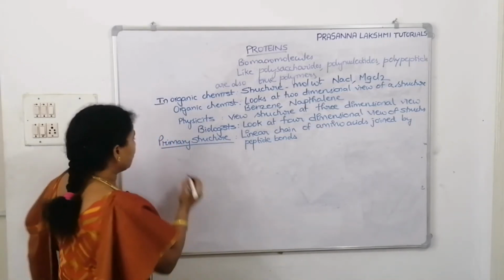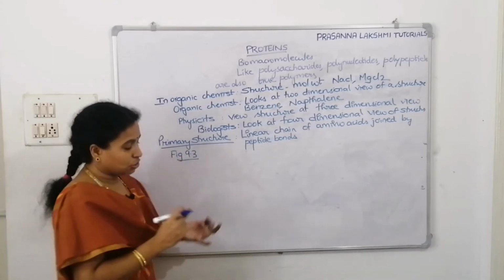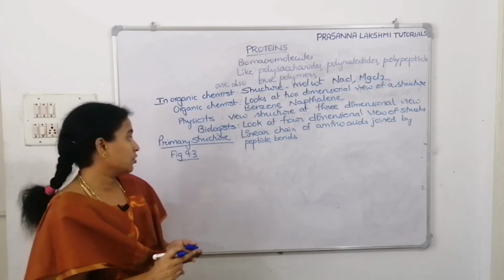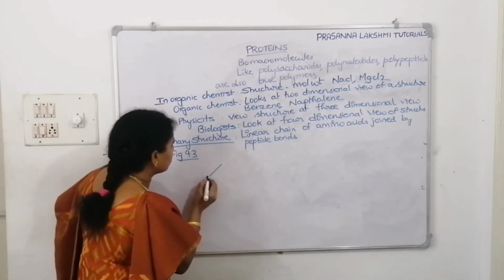For our understanding, we will see what they have given in the NCERT, figure 9.3. If you look at figure 9.3, they have given us the primary, secondary, tertiary and quaternary structures. Let us try to draw it.